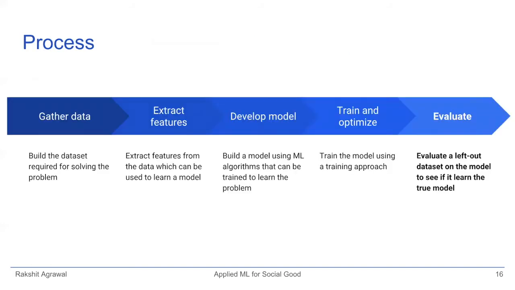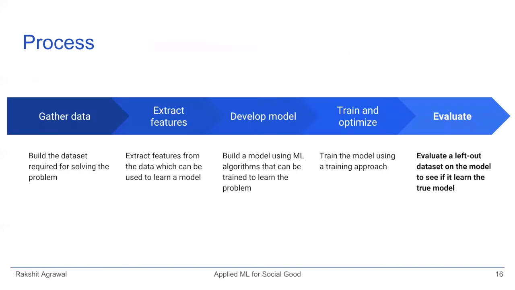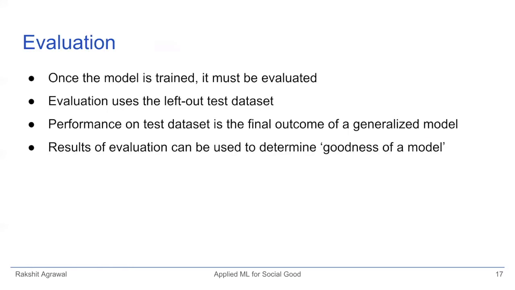Okay. And so any questions in the training and optimization part? Okay. Now we move on to the final part of the pipeline, which is called evaluation, which means you have your model and you want to see whether it works really well on slightly larger unseen data.